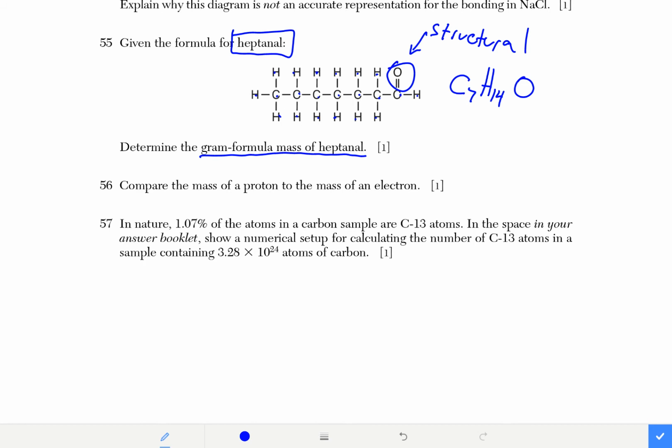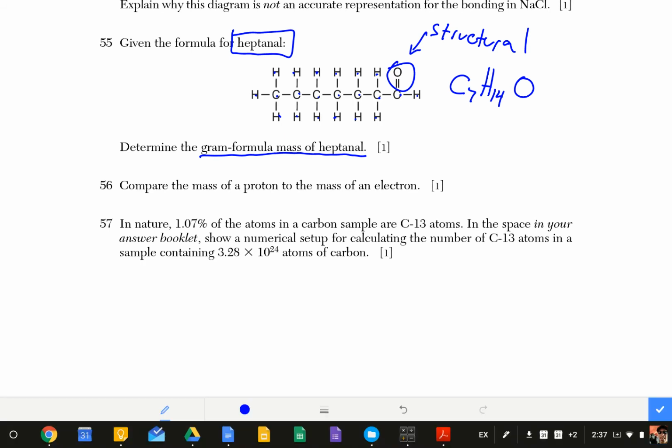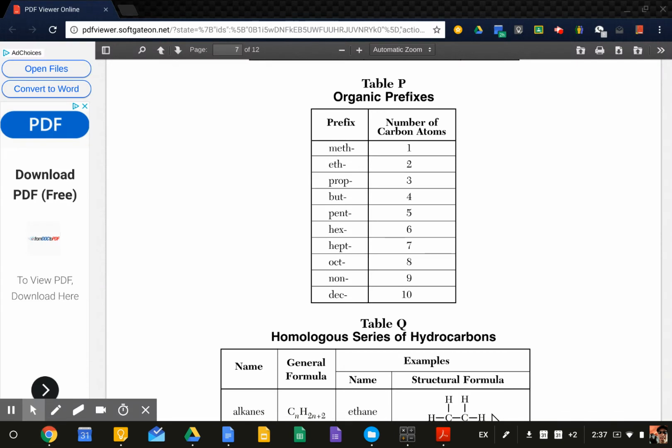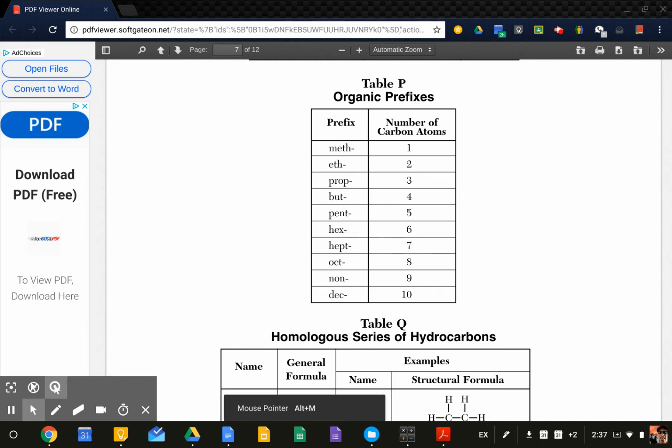Now a couple things, even though these may not have to do with the question, I just want to review a few things here. Look at the beginning of the name. You see how it says hept? If a molecule's name starts with the prefix hept, you look at Table P, organic prefixes, which is for the naming of organic compounds.